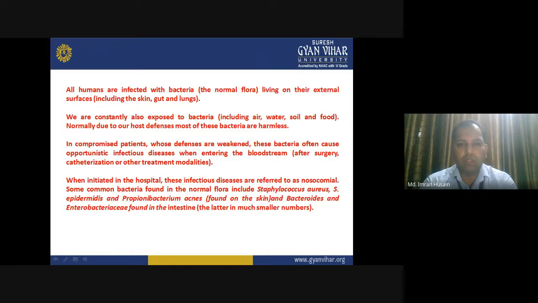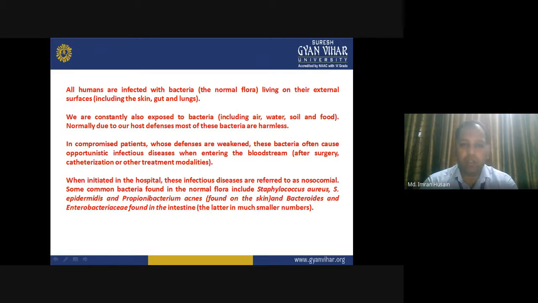So these opportunistic infections always try to infect the individual, and they cause a lot of trouble for the individual who is in an immune compromised situation.